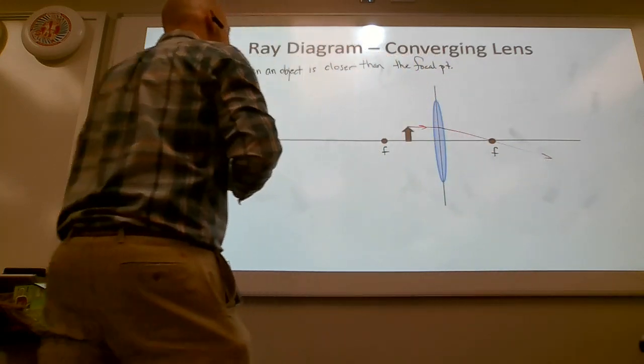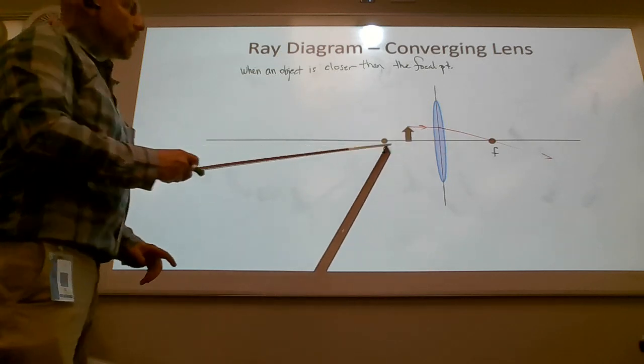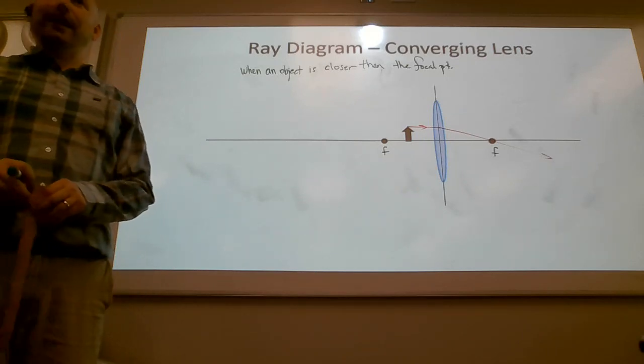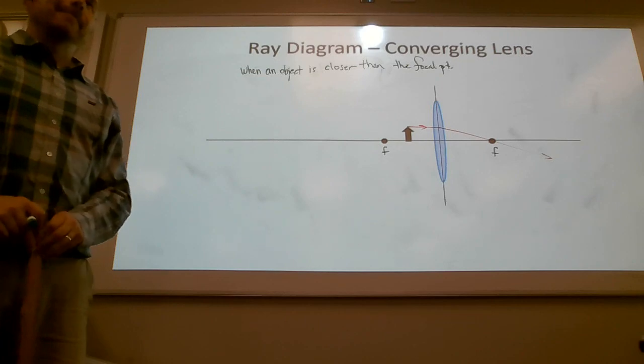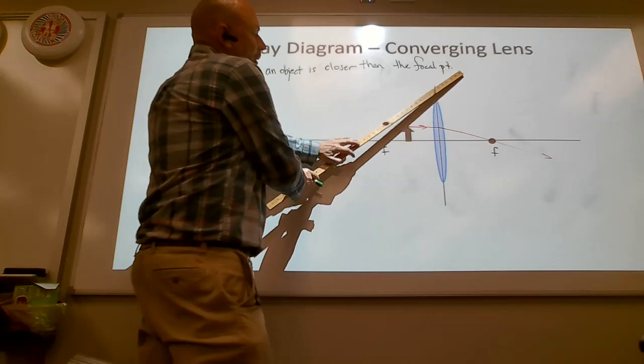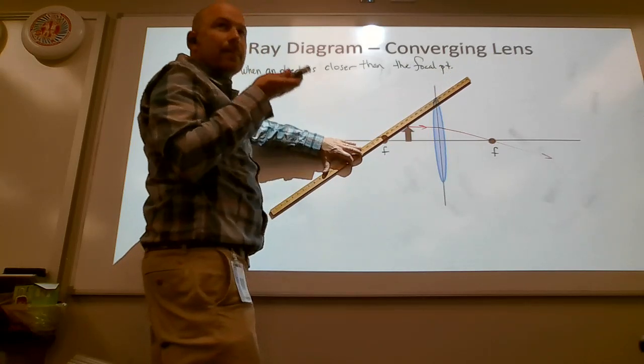Okay. Now the second one gets a little wonky because we need to draw through the near focal point. But when we draw through the near focal point, it's like, whoop, totally missed the lens. Like, what is up with that? So what we do is we say, well, let's say a ray of light went through the near focal point, through the top of the object.